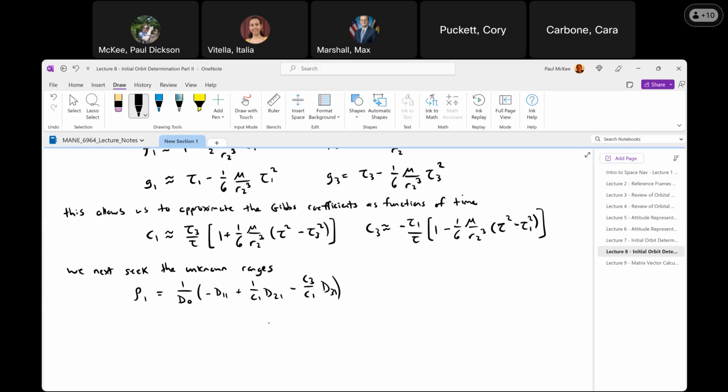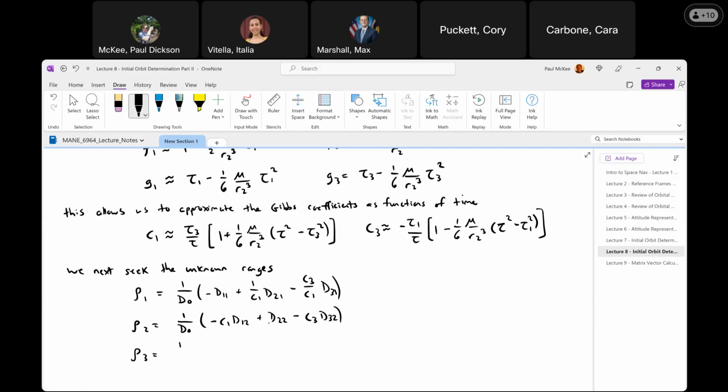D will be explained shortly, so just bear with me for now. Row 2 is 1 over d naught times negative c1 d12 plus d22 minus c3 d32.